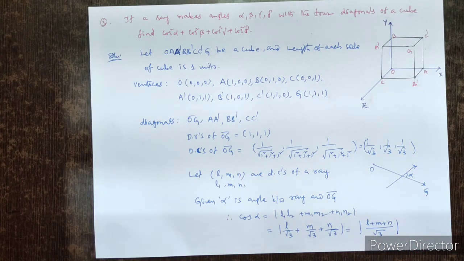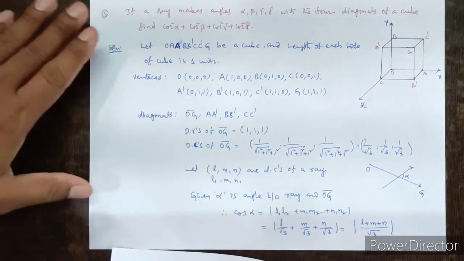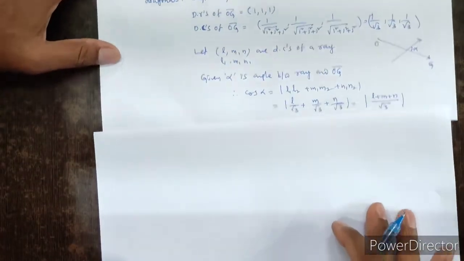So next, the direction ratios of the next diagonal, AA dash.